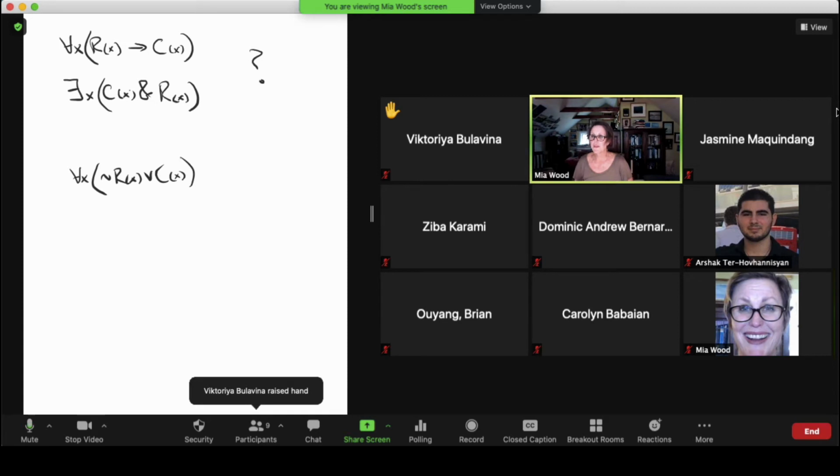Then I'm going to push my negation out. So then I would end up with this sentence. Here's our De Morgan's. And then I know that I can apply De Morgan's for quantifiers: I can push the negation out and I get this.